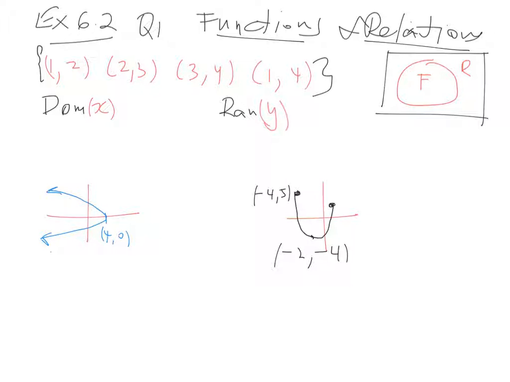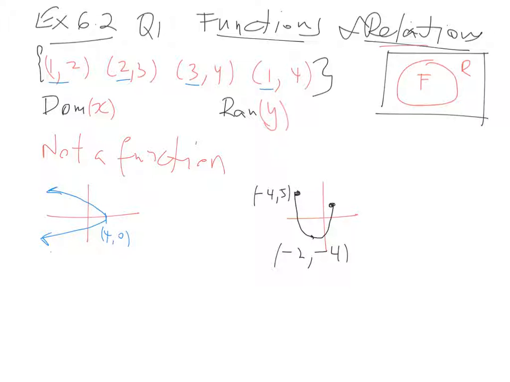So what we want to do, we want to look for our x values. If any of them are repeated, it is not a function. So looking at this, we've got 1 and 2, 2 and 3, 3 and 4, 1 and 4. Well, we've got a 1 here, we've got a 1 here, so therefore it is not a function. It is just a relation. Now, the domain is our x values.